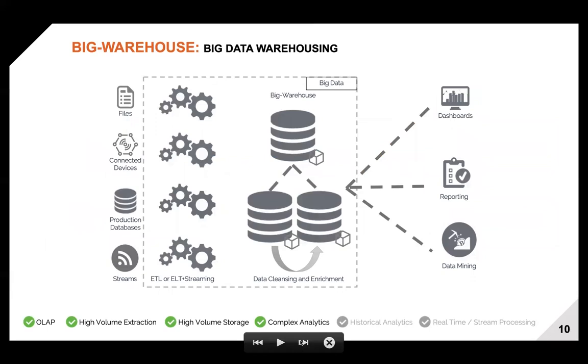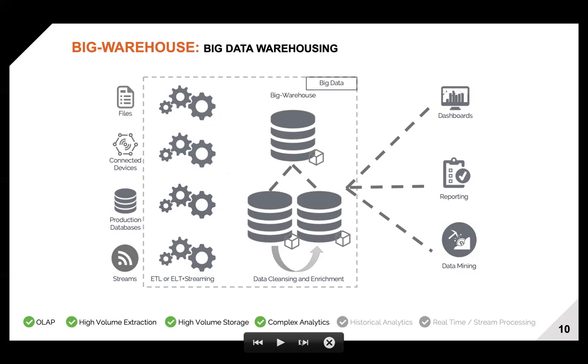Then here we can find the second integration of big data technologies, but now it will be in the warehousing phase. So the idea is to have a big warehouse that can extract data from the different sources and also store high data volume by applying a structure to store data.